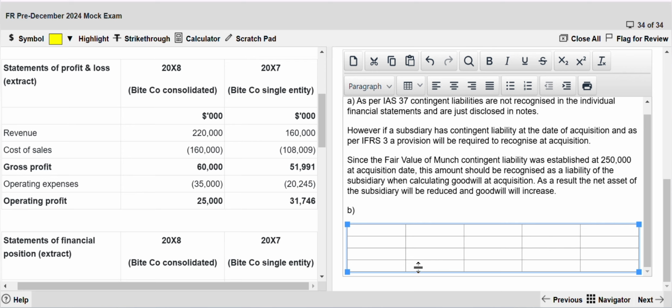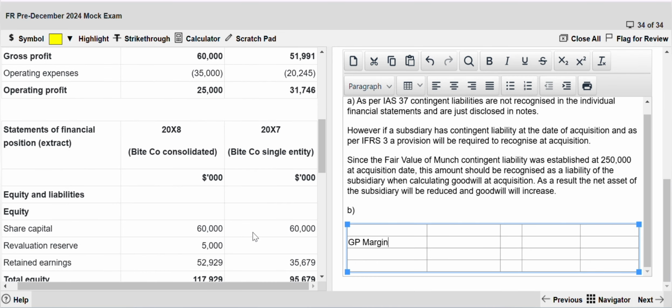Do a ratio analysis. So the first margin that we need to calculate is the GP margin, correct? So for what all do we have to calculate the GP margin? For the current year as well as for the prior year, for the group as well as for the company without the group.